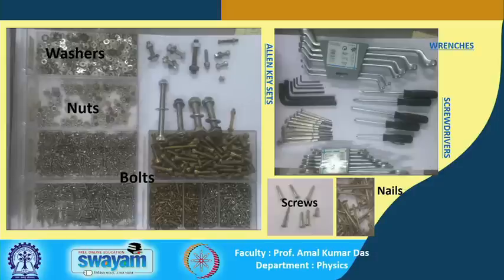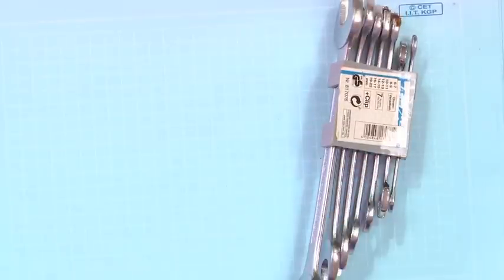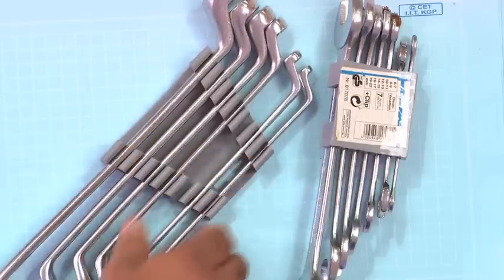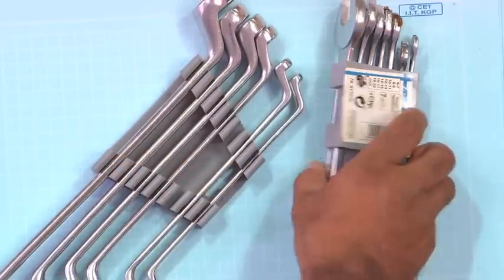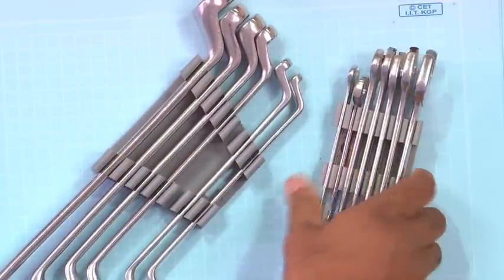At least you should know the names and what things are available, so you can ask for this kind of tools in the laboratory when you need to use them. There are various kinds of wrenches also, whatever I have shown in the picture. These are from my lab, and we frequently use these wrenches.